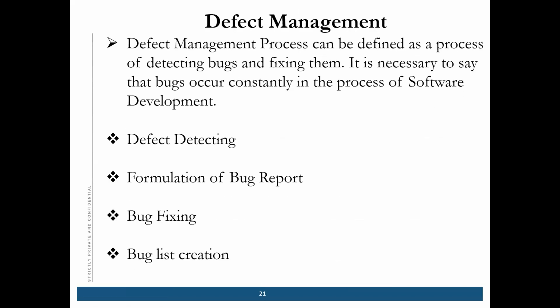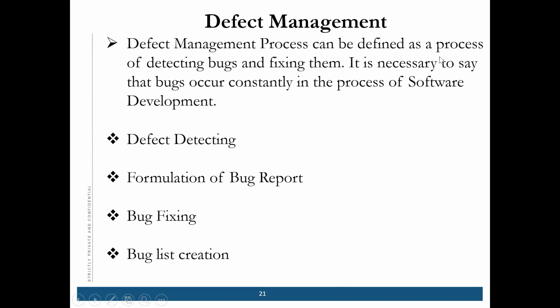Next is defect management. Defect management is also a very important topic when we do testing, because how do you manage your defects? You raise your defects, that's fine, but how to manage them?